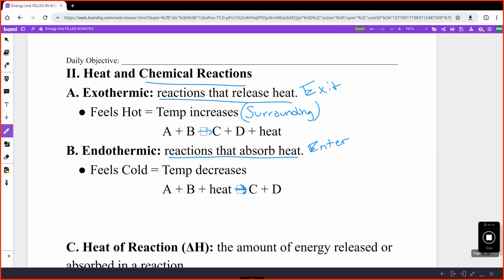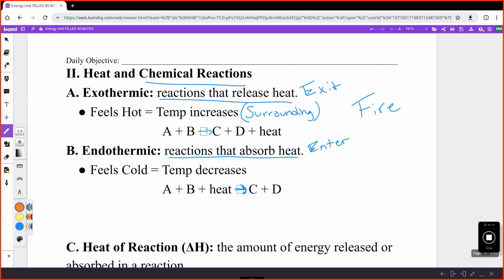A fire is the best example for this. Fire is an exothermic reaction. It is constantly releasing heat. The reaction itself is releasing heat over and over and over again, and we feel that heat, which is why our temperatures increase. Now, in this reaction, we're kind of experiencing an endothermic reaction because we're the ones that are absorbing the heat. But the fire itself is the releaser of the heat.